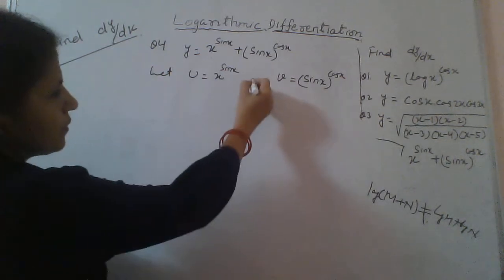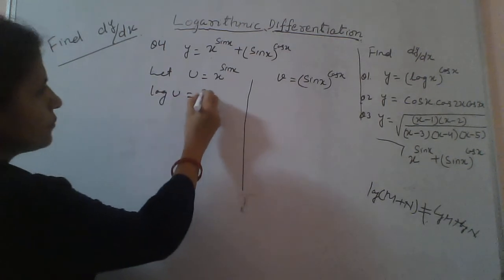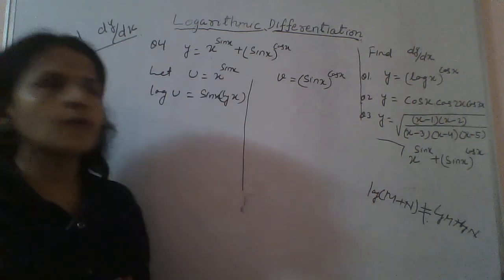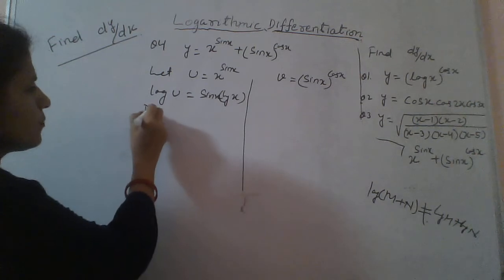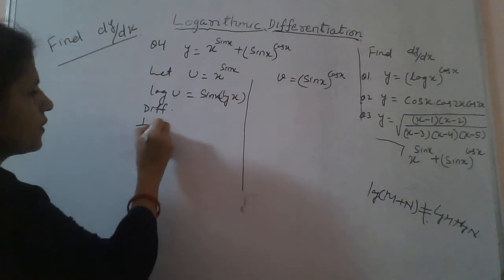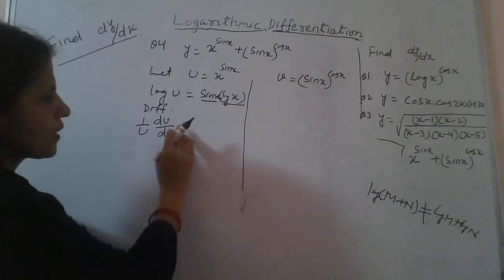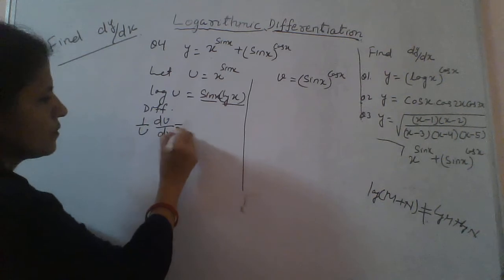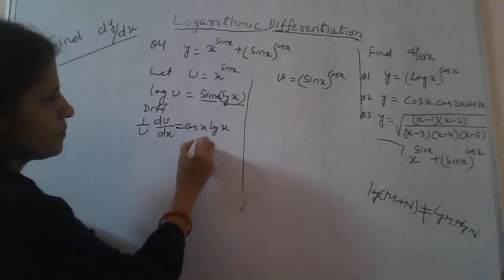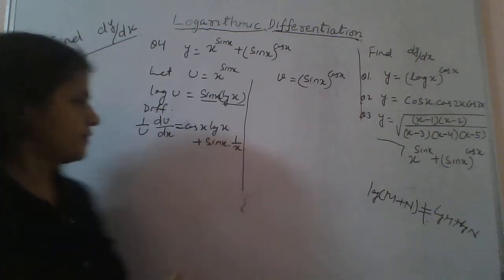So here you see, taking log u equal to sin x log x. Now we have taken the logarithm of both sides. Now differentiating both sides with respect to x, 1 by u into du by dx equals the derivative of sin x into log x. So the derivative of sin x is cos x into log x plus sin x times the derivative of log x, which is 1 by x.